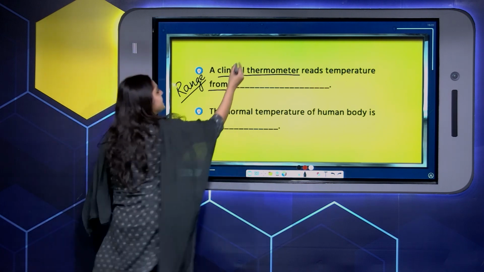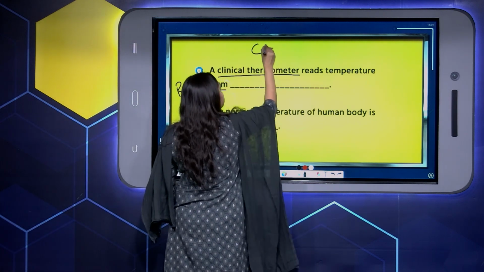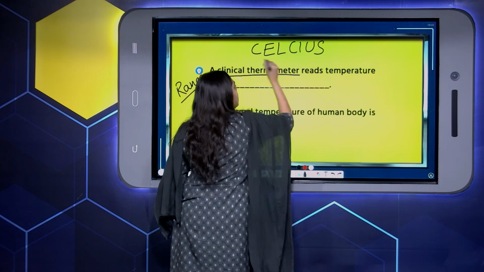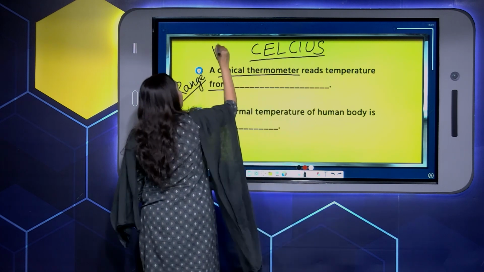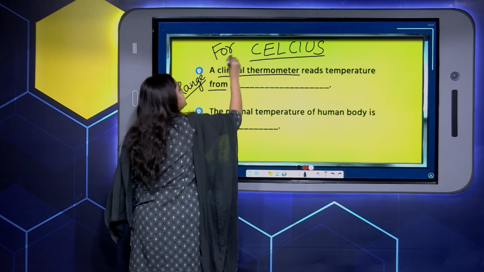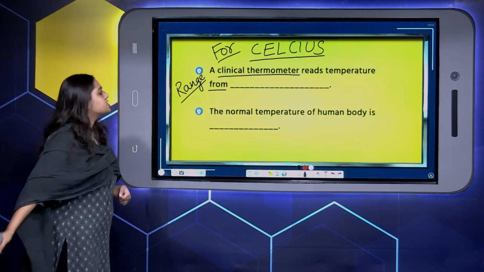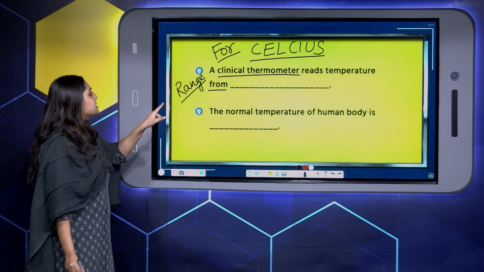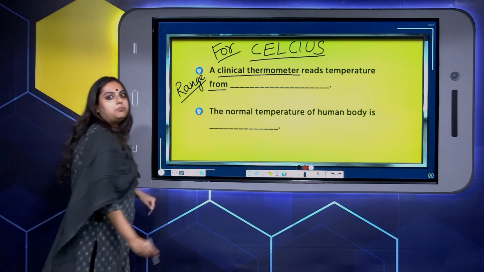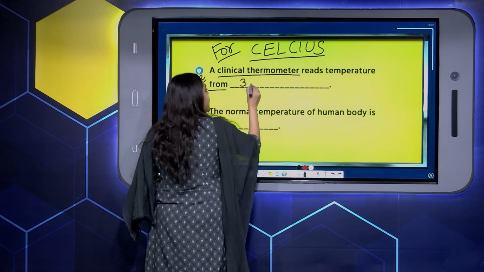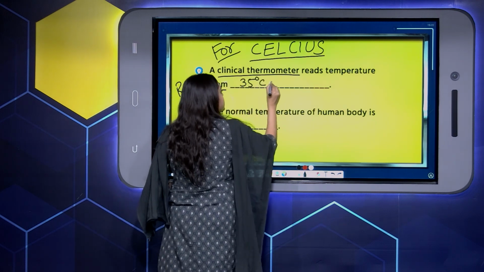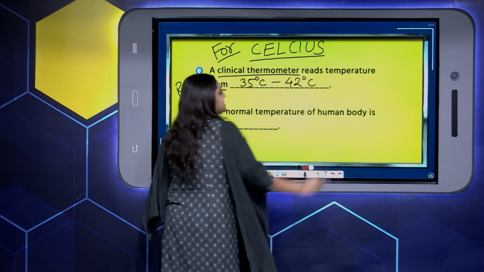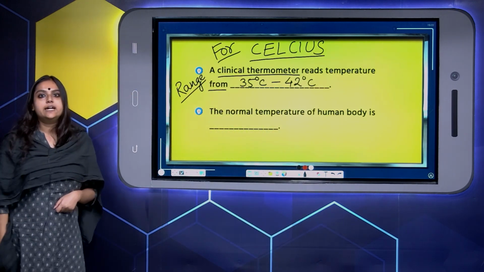Let's do the Celsius scale first. For Celsius scale, the thermometer range is from 35 degrees Celsius to 42 degrees Celsius. Clear?